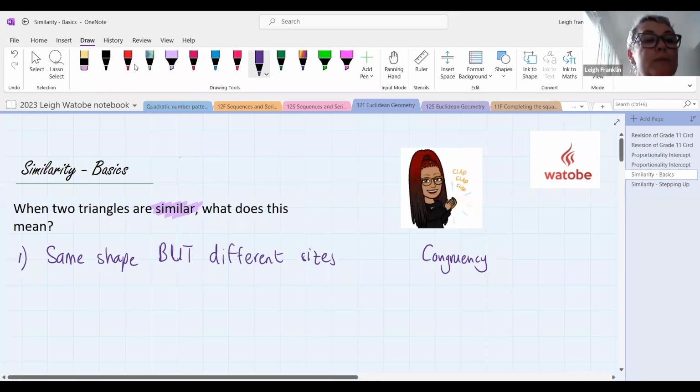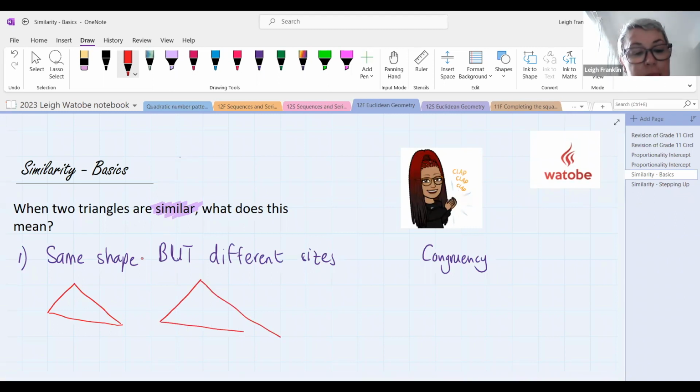So what we will see is a triangle that perhaps is shaped like this, and then another triangle that's the same shape, but a little bit bigger. If this angle over here is 90, and this one over here is 50, and that one over there is 40, then we would see exactly the same thing in this triangle over here.